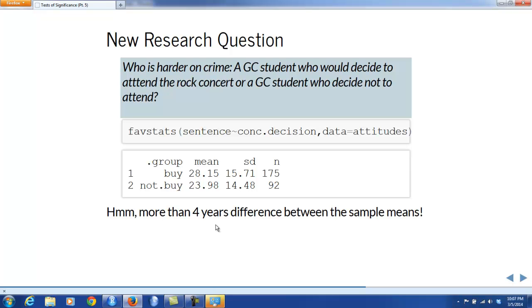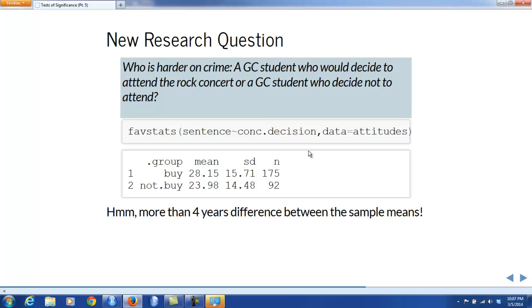Who's harder on crime? A Georgetown College student who would decide to attend the rock concert, or a Georgetown College student who would decide not to attend? We're looking here at the relationship between the numerical variable sentence and the variable concert decision, whether or not a person would, in the hypothetical scenario, decide to buy that ticket anyway.